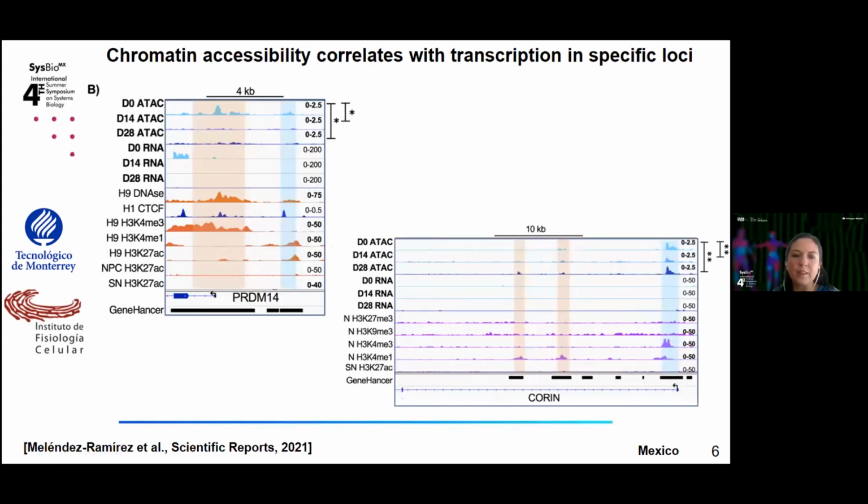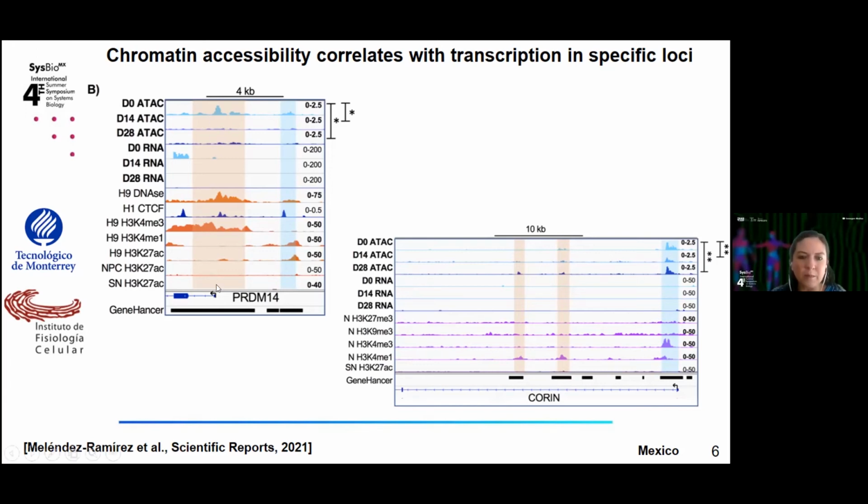And then when we combine the transcription and the accessibility information, we see that there's a modest correlation between accessibility and transcription. But basically, not all the regions that are accessible are necessarily transcribed. Okay, that's important. There are other mechanisms that are also acting on transcription, but if you have accessible regions, they are more likely to be transcribed.